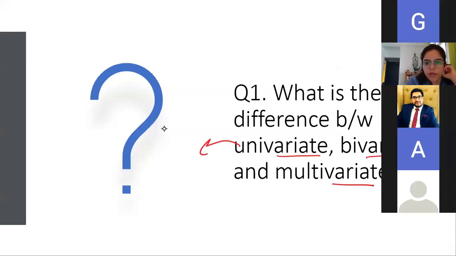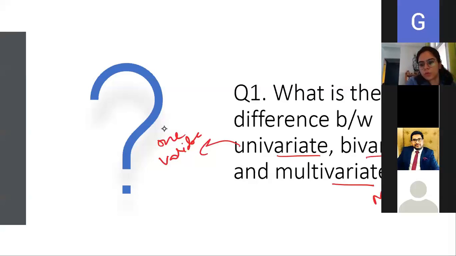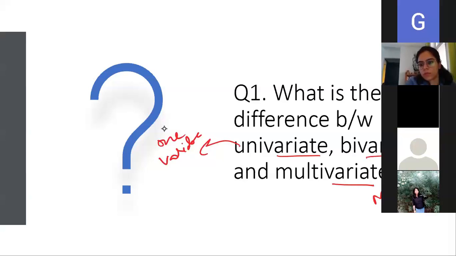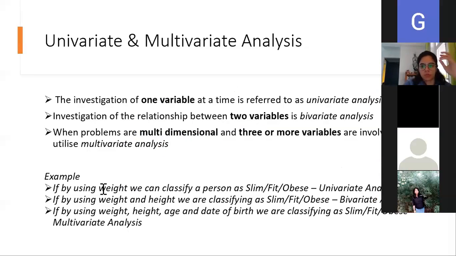That is one variable. Bivariate is 2, and multivariate is more than 1, 2. Yeah, more than 1, actually. So multiple regression means there are more than 1. Let me show you one example, then it will be more clear. That is 3 or more variables.